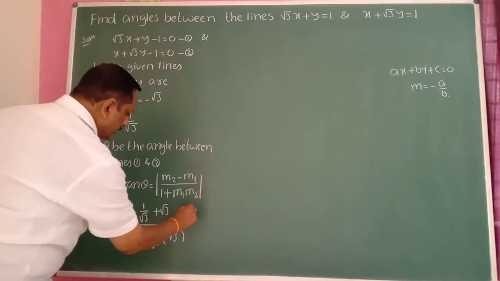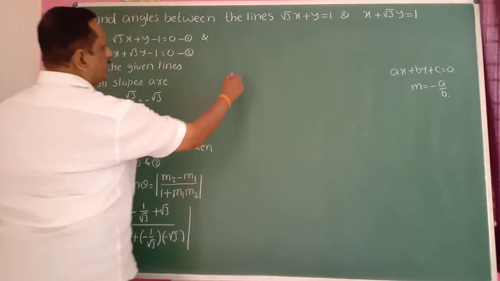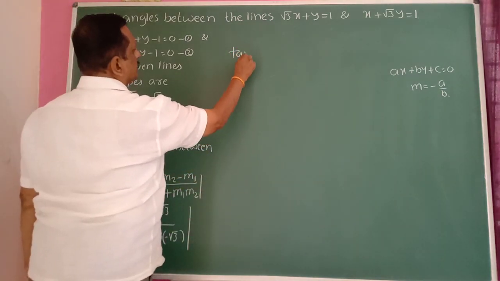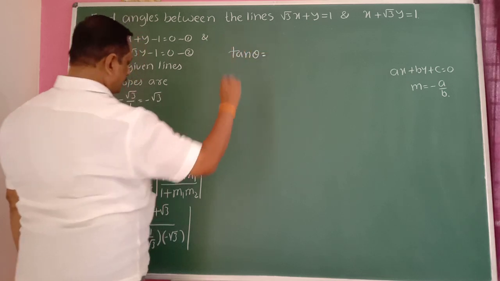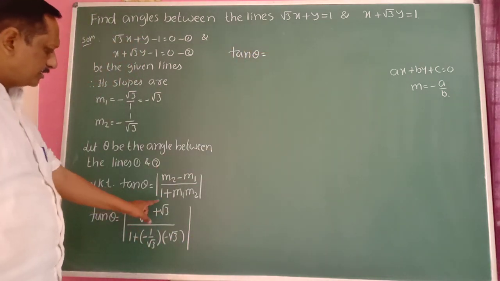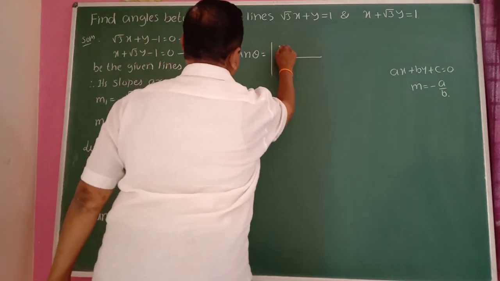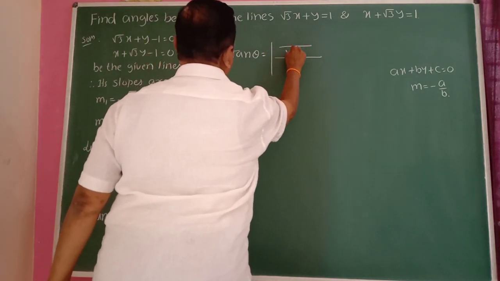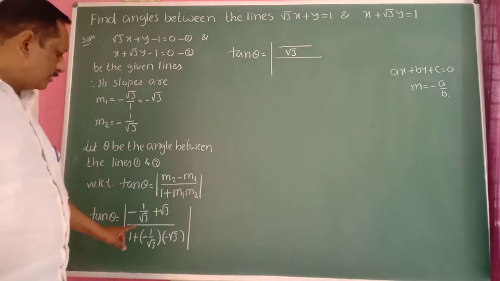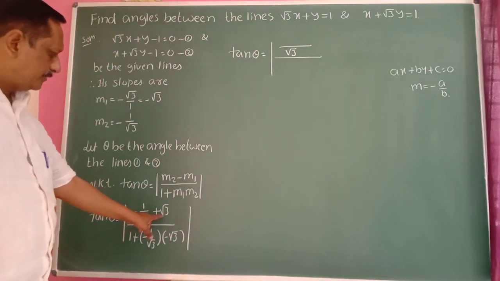Then modulus complete. Tan theta is equal to, here the LCM is root 3 in the numerator, so root 3 into root 3 becomes 3.